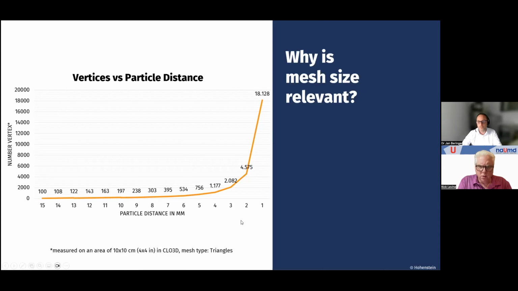So for example, if you go from 3 millimeters to 2 millimeters, it's almost a doubling of the vertices. And if you go from 2 to 1 millimeter, it's skyrocketing. So the more vertices you have, the higher the computing time and the more time it takes to do the simulation of the garment in the software.